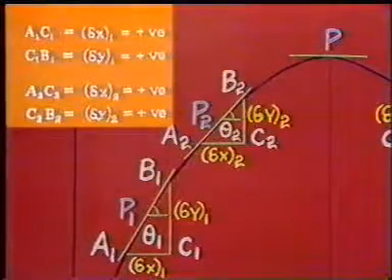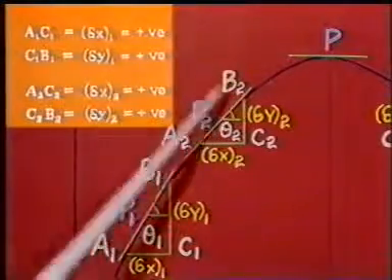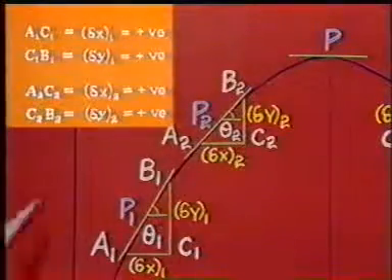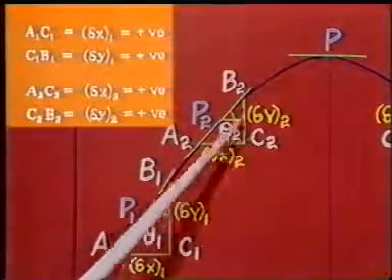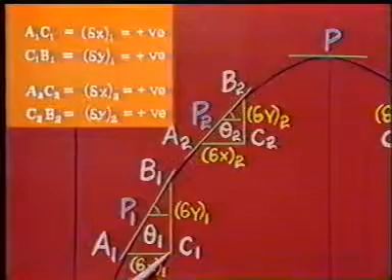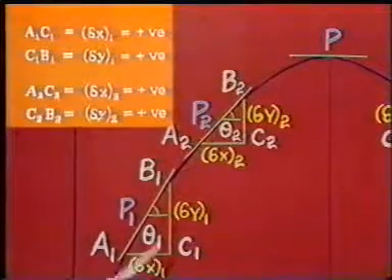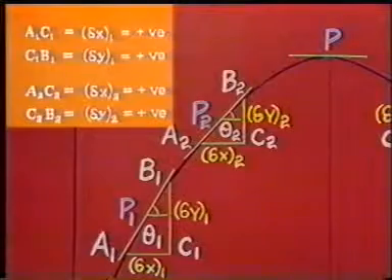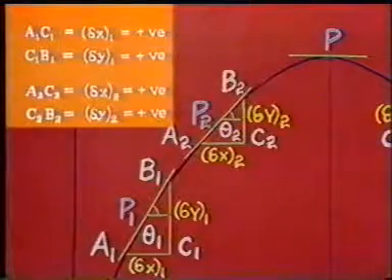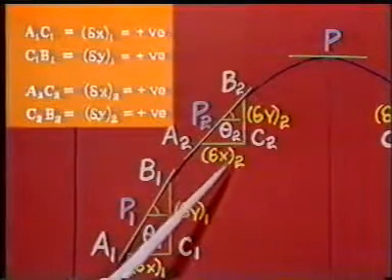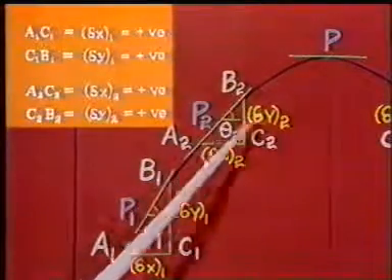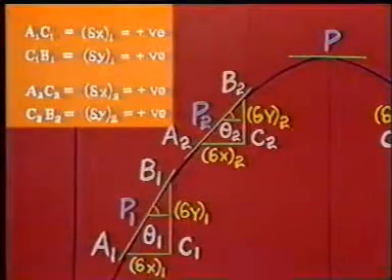Similarly, in moving from point A2 to B2 along the curve, x increases by A2C2 and y increases by C2B2. Thus, A1C1 is equal to delta x1 is positive, C1B1 is equal to delta y1 is positive, A2C2 is equal to delta x2 is positive and C2B2 is equal to delta y2 is positive.